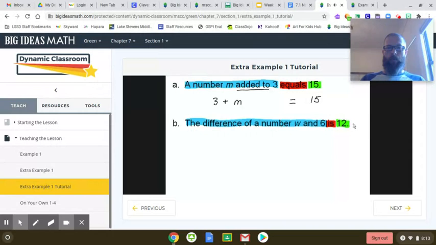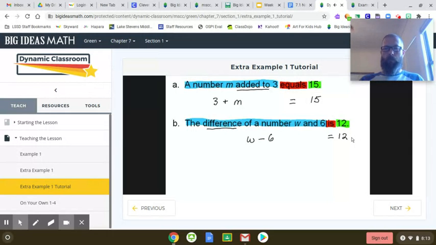Now we are ready to write the equation. The first expression, the difference of a number w and 6, can be represented by the variable w and the number 6. The word difference means subtraction, so 6 is subtracted from w. Is is our equal sign, and the final expression is 12. An equation that represents the word sentence is w minus 6 equals 12.